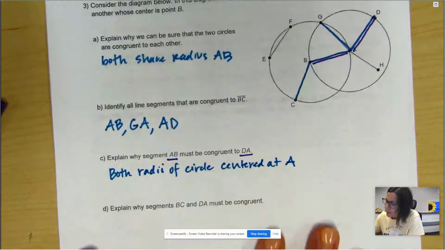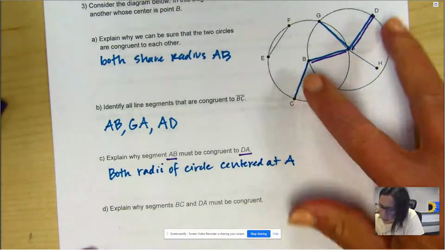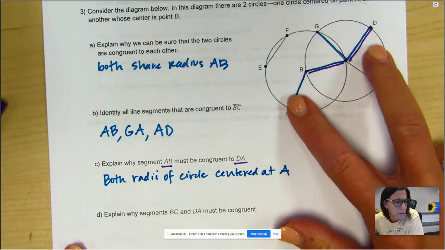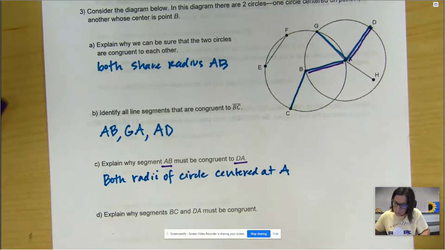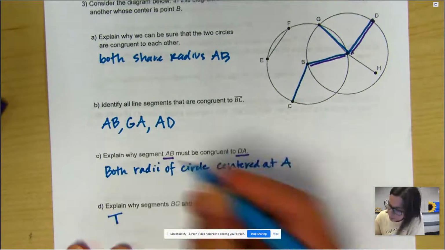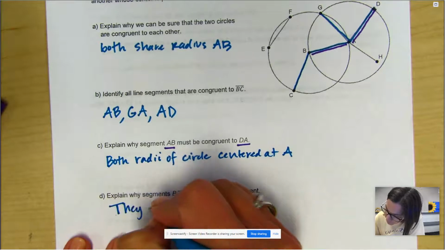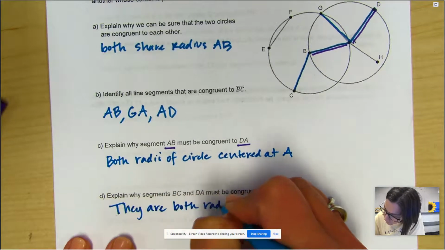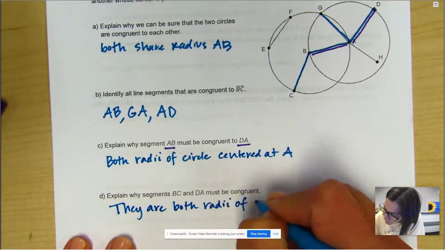Okay. Explain why segments BC and DA are congruent. Well, how can I know that radii of different circles are congruent? There are a couple of ways to say it. You could say they are both radii of congruent circles.